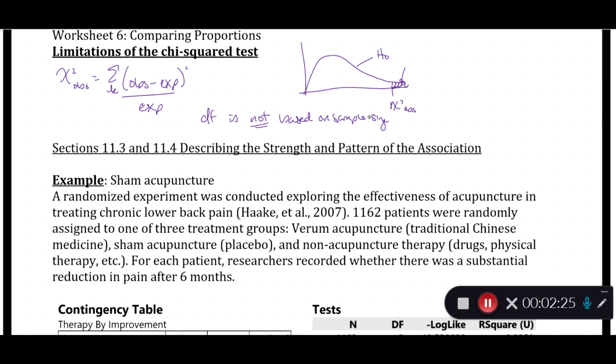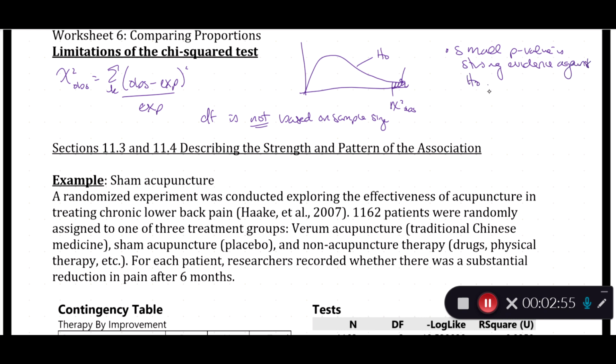So all the chi-squared is doing is looking at how different what we observe is from what we expect, and then it's scaled by how big our expected value is. So when we get a small p-value, such as in the previous example, a small p-value, as we have seen, is strong evidence against the null hypothesis.